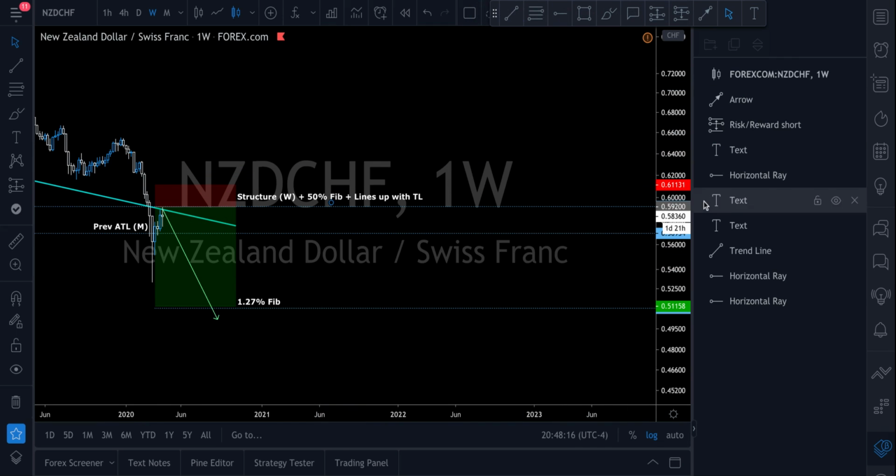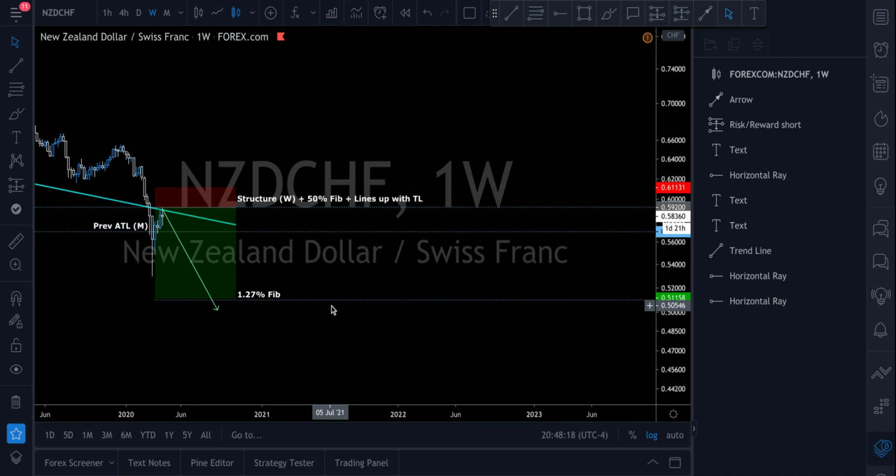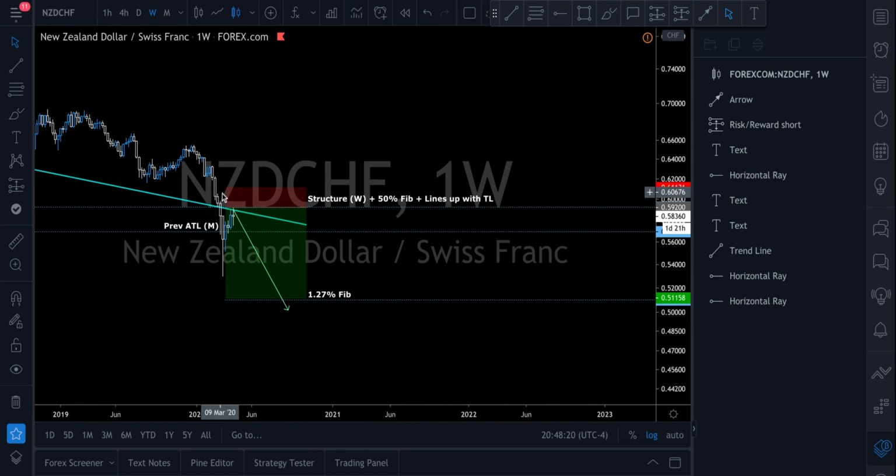The reason we're interested in looking at this as a potential short is, like I mentioned, we do have confluence with this area right here, which is the 59.58 zone, because of this weekly structure aligning with this 50% fib of this weekly leg, in addition to lining up with this descending weekly trend line that got broken and is now being treated as resistance.